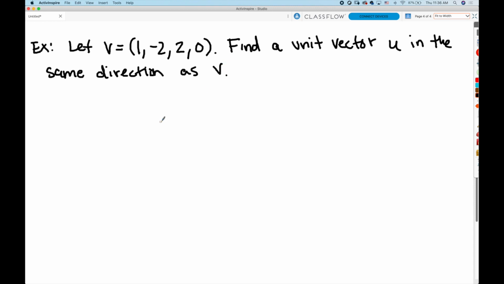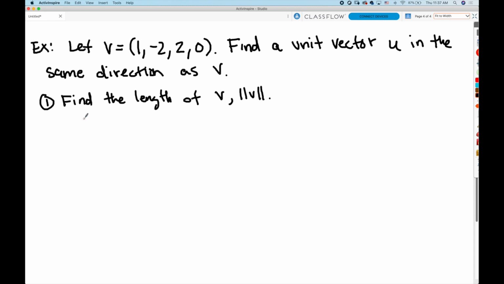All right, so v is going to be that vector. So we want to find a unit vector, and we're going to call it u, that's in the same direction as v. So the first thing you want to do is find the length. So first, let's find the length.